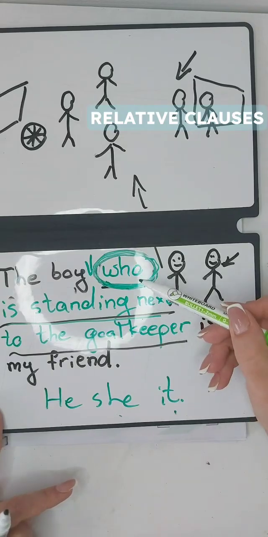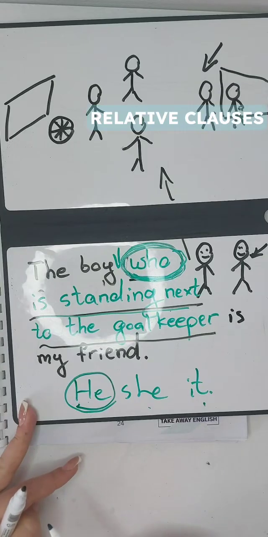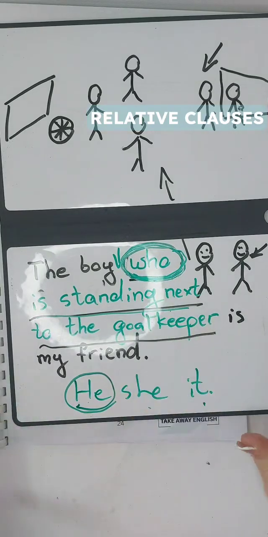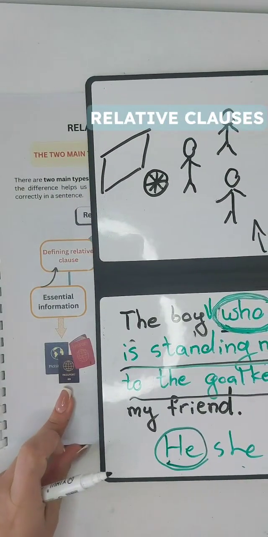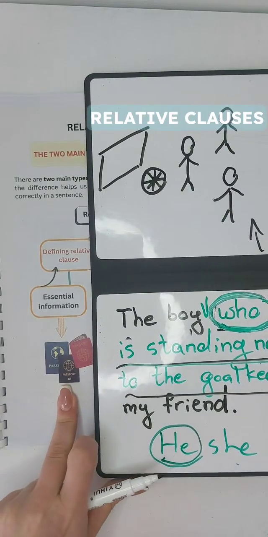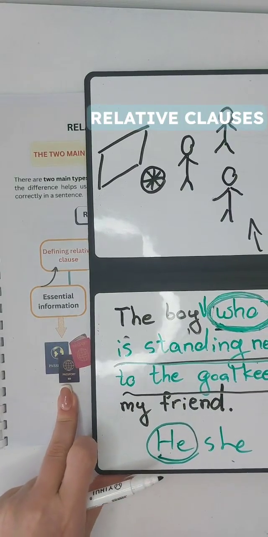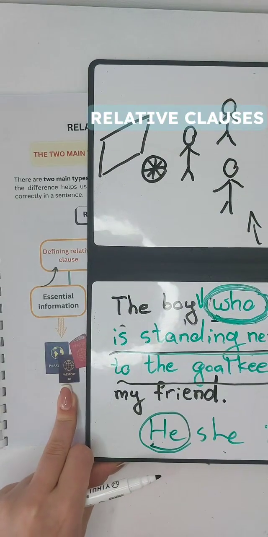When you say who, it already means he. So again, a defining relative clause provides essential information. Without this information, we cannot identify a person or a thing.